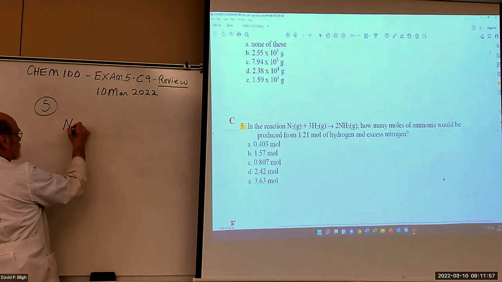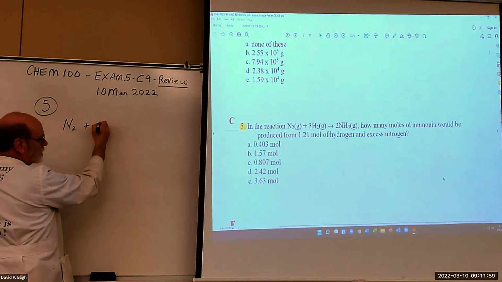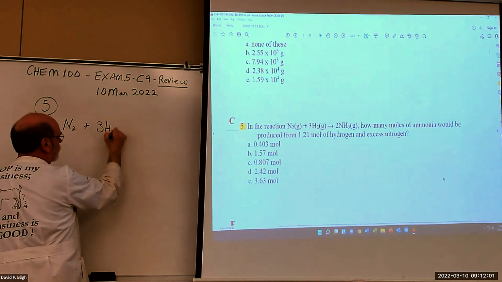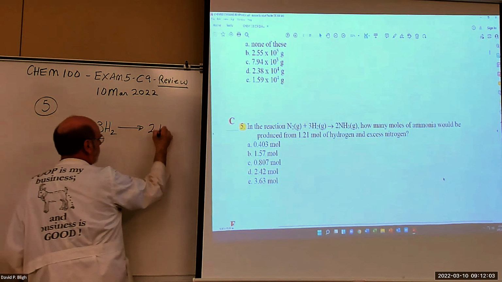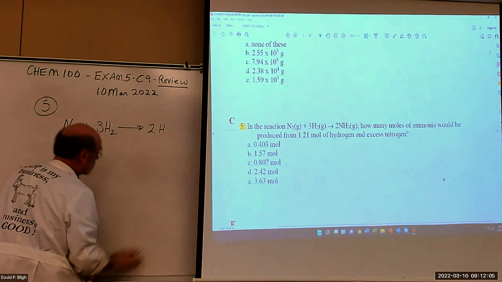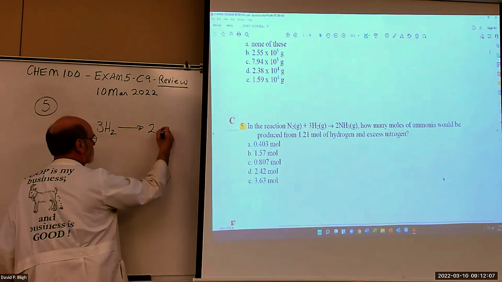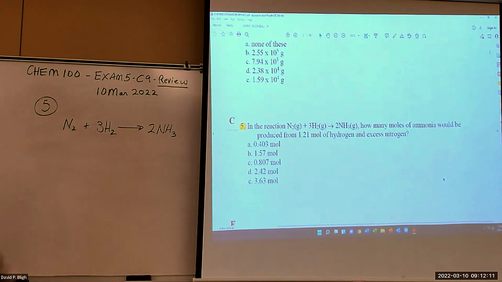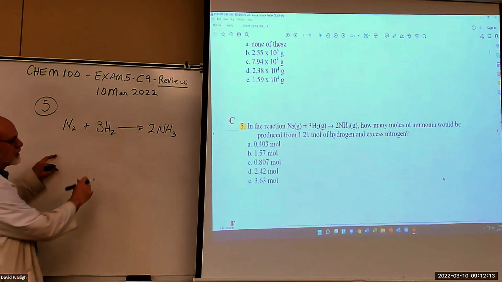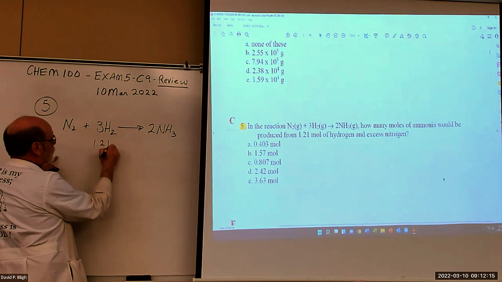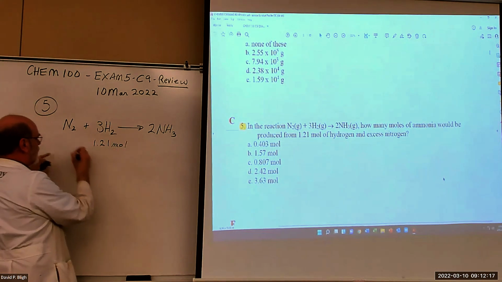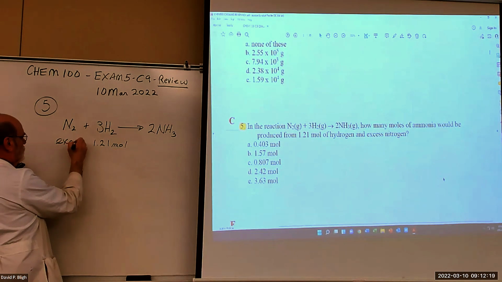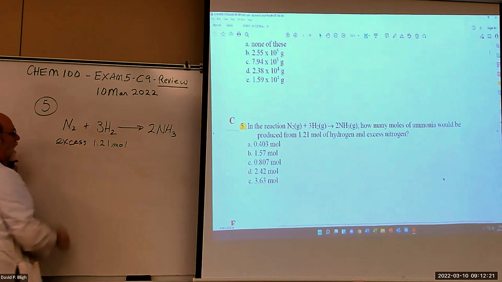With this balanced equation, we're given 1.21 moles of hydrogen and excess nitrogen.